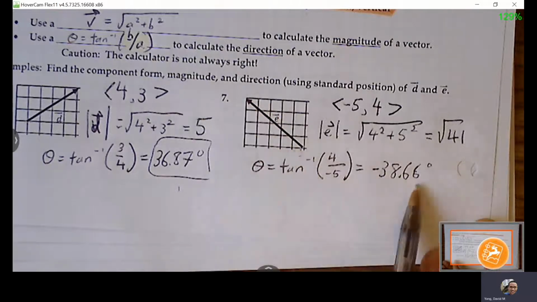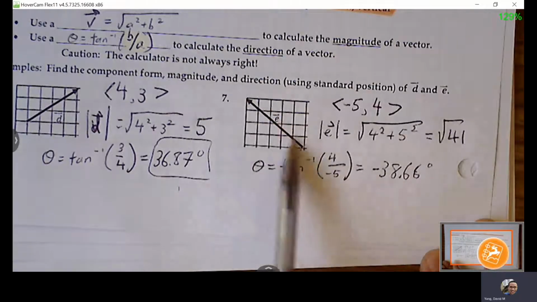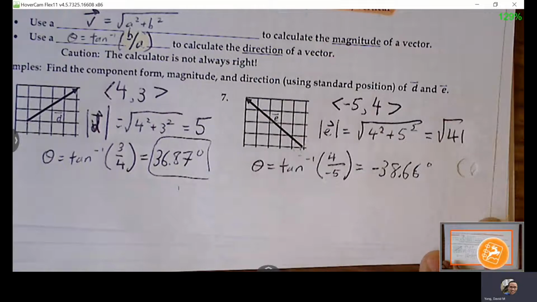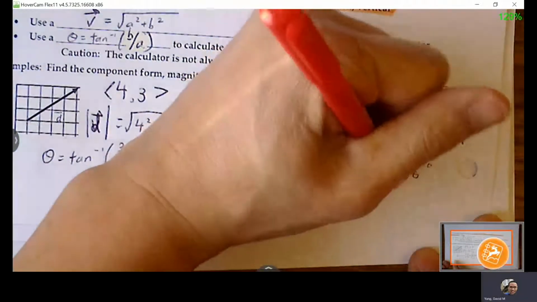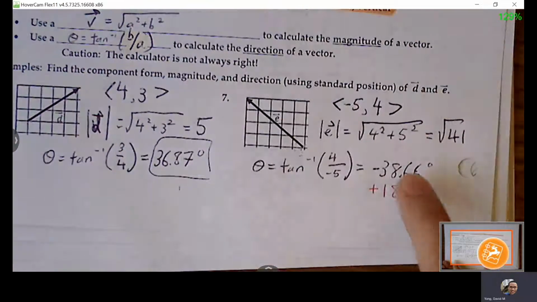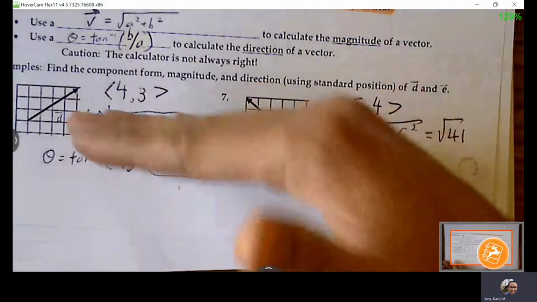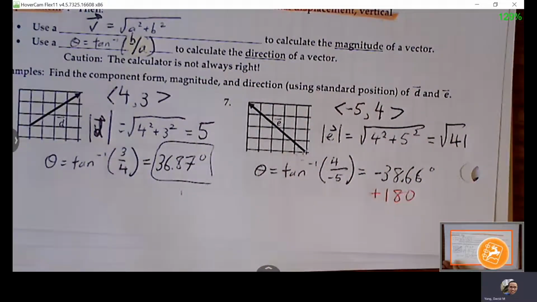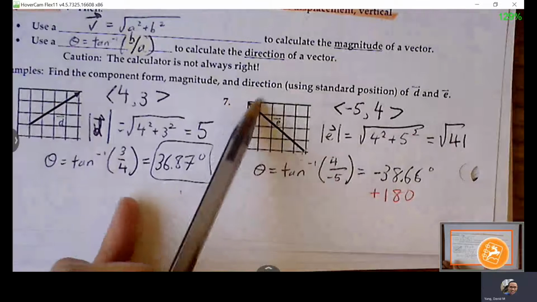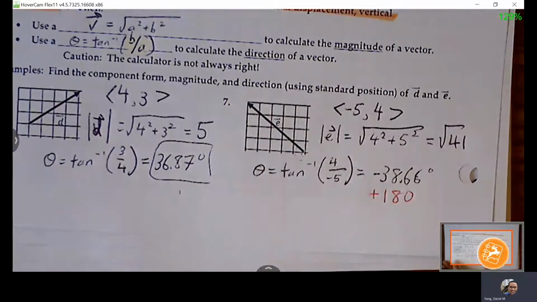So what can we do to get to something that's in the second quadrant? Yeah, so we're going to add 180. Okay. So the nice thing is that it's already negative. So really 180 minus 38 will bring us into the second quadrant. But just always double check, right? Make sure that whatever degree measure you're looking at, it's consistent with what you know about the quadrant that it's supposed to be in.